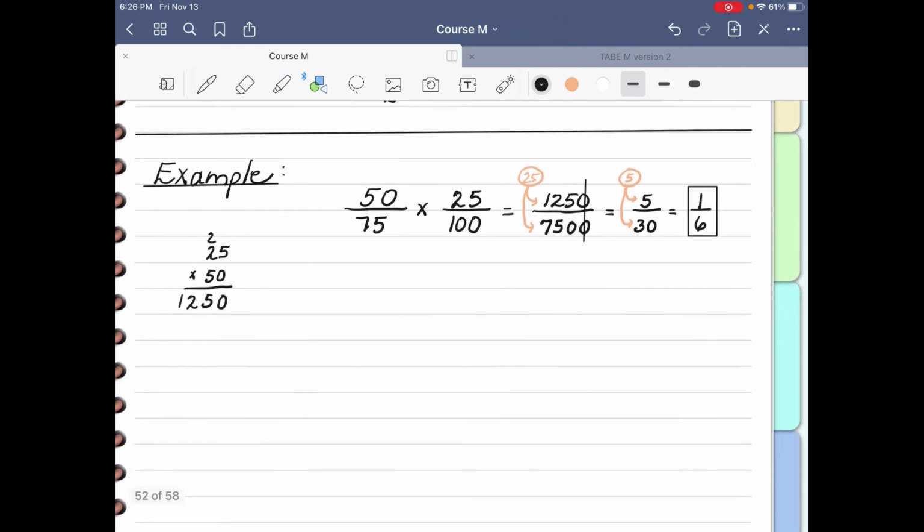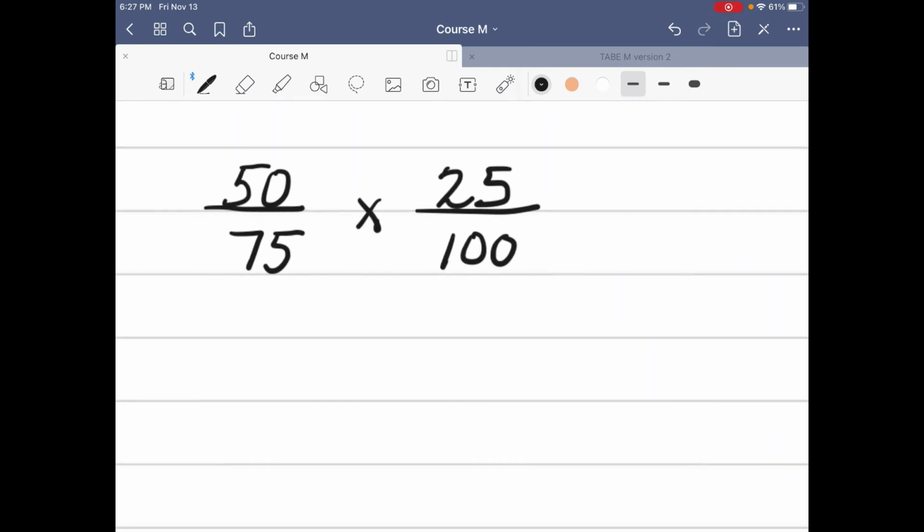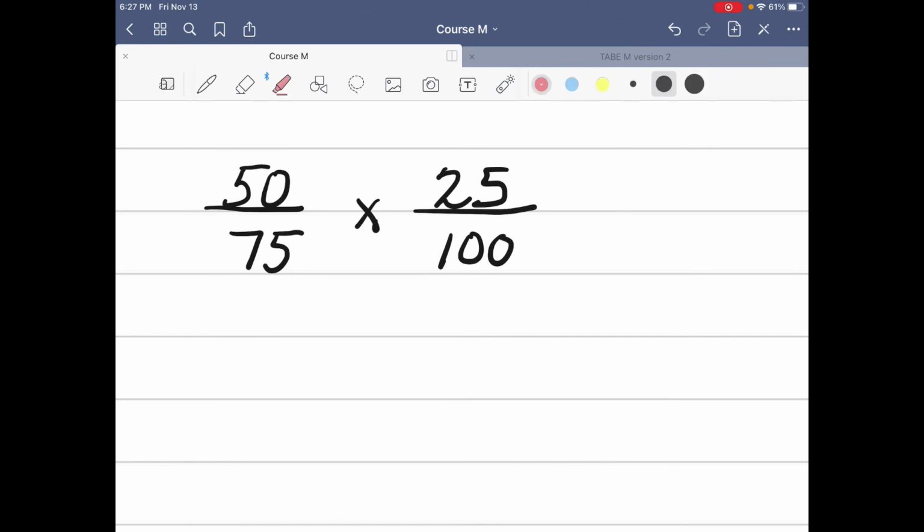So let's try canceling. Let's see what we get if we can cancel. So I have 50 over 75, and I'm multiplying that by 25 over 100. So let me zoom in, and let's think through this one. 50 and 100. I can cancel that by the 50. 50 into itself and 50 into 100. 25 and 75.